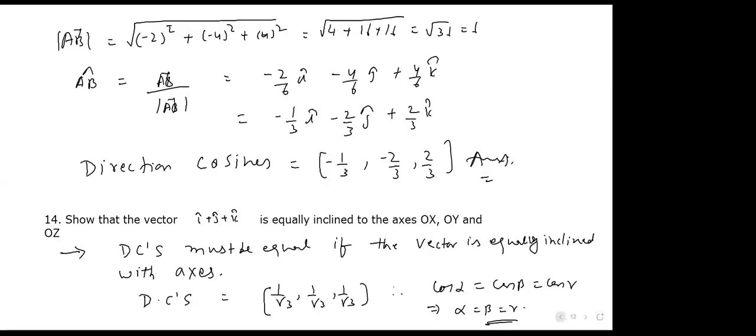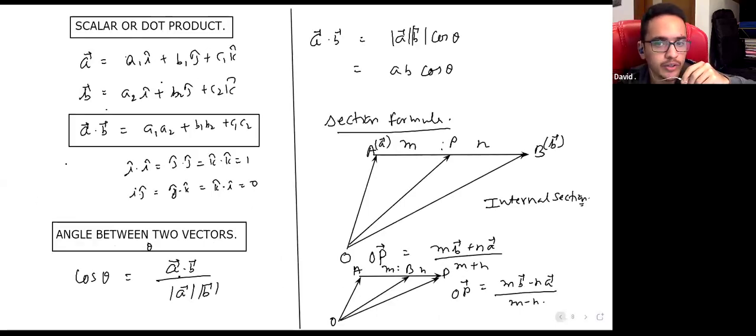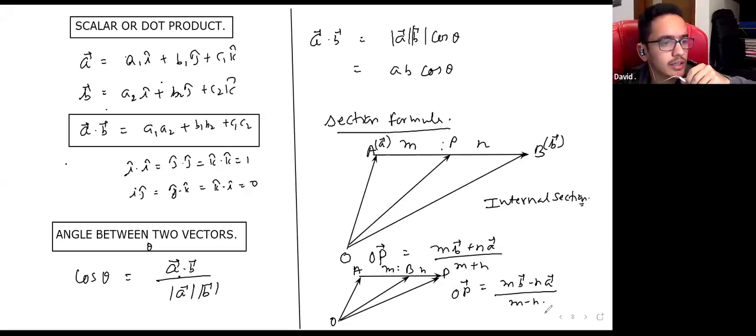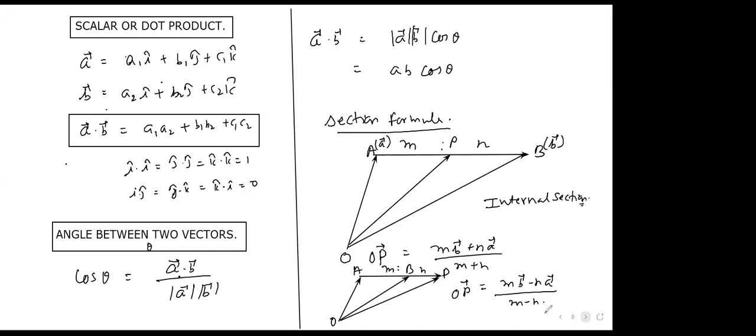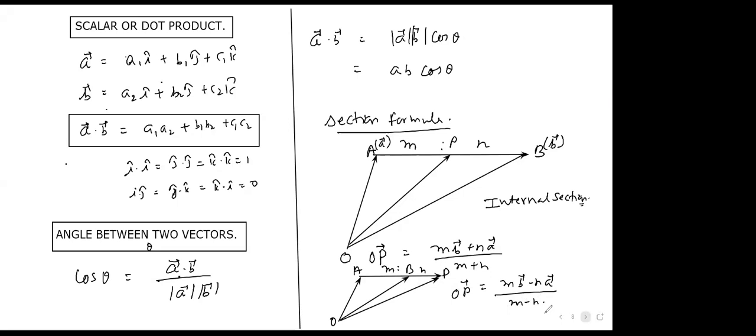We already discussed this. The formula is m times B vector minus n times A vector over m minus n. Externally it should come outside and divide the line. We have to do both, internally and externally.